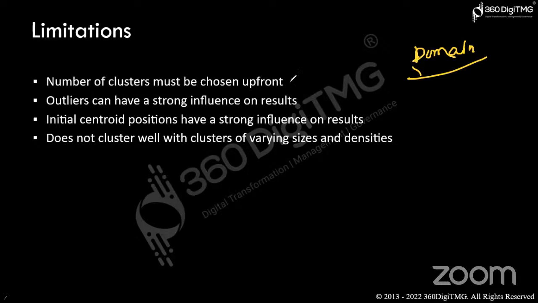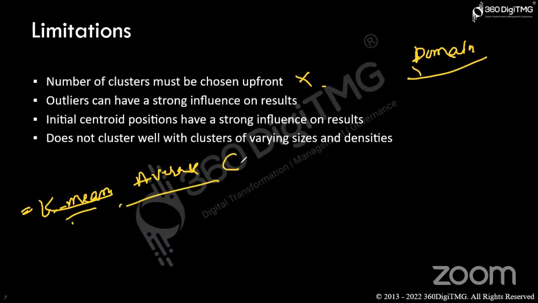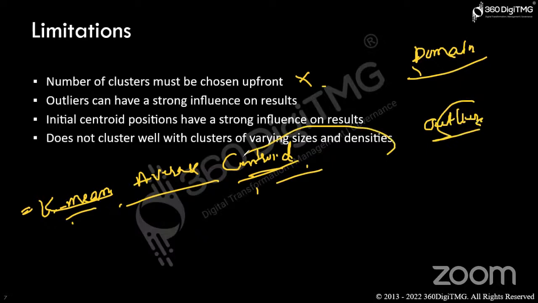So yeah, it is one of the limitations. And outliers can have a strong influence since the model is based on k-means. K-means means average. Based on the average only, we are simply changing the centroids; new centroids are formed. So whenever the mean is included and you have outliers, it will definitely get affected.